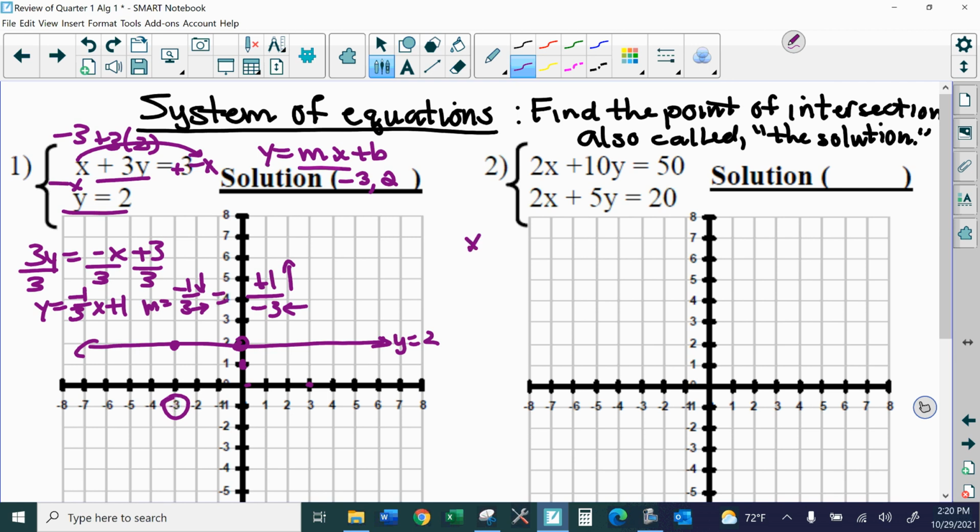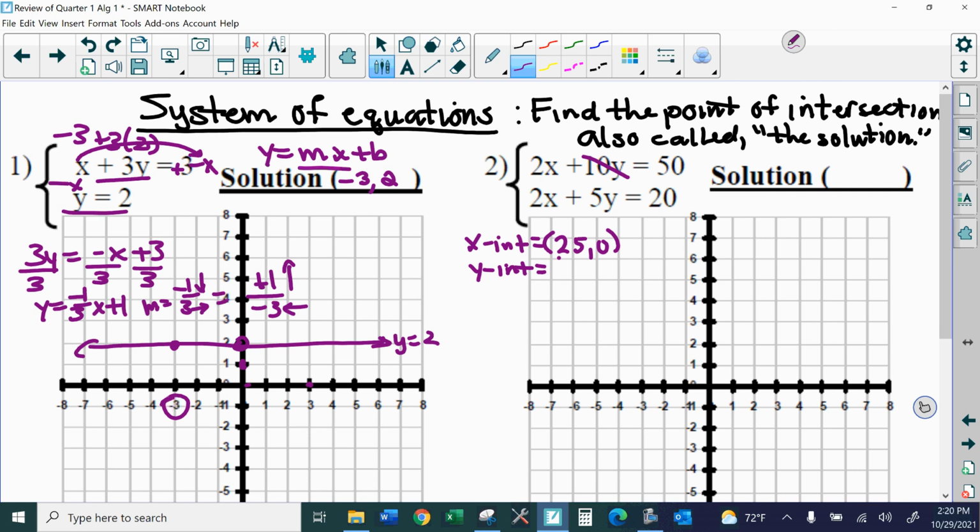The x-intercept is when y equals 0. So if y is 0, 2x equals 50, x equals 25. It's not going to do me good here. This is a little trickier one, but I'm just showing you if you wanted to, and it happened to work out. This one, you can't plot 25, 0 on this particular graph.